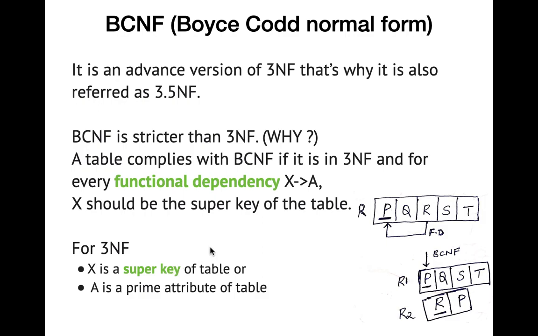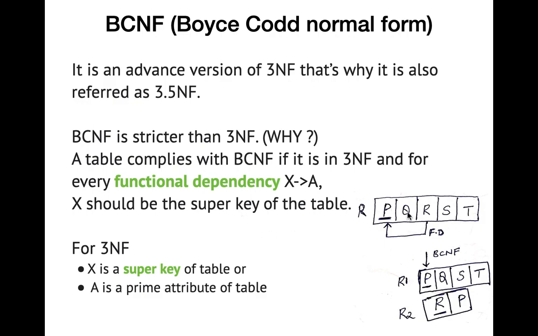A question can be: why is BCNF more strict than 3NF? Because in 3NF either of the two conditions can be satisfied, but in BCNF only this particular condition satisfies it. So BCNF is termed more strict than 3NF.